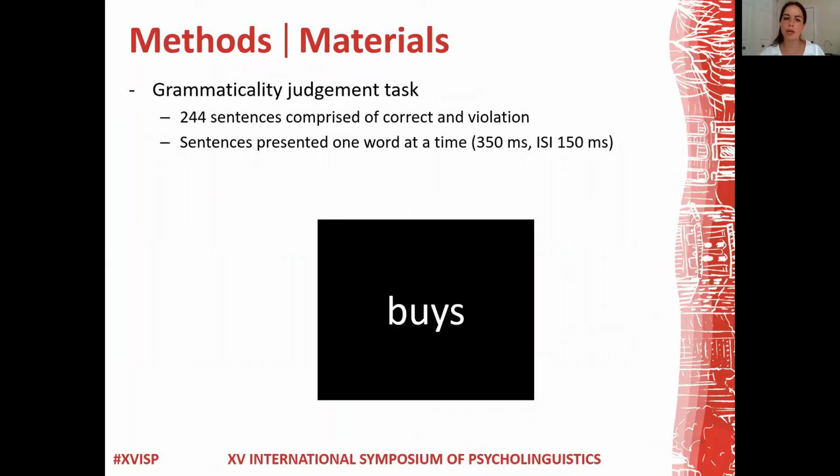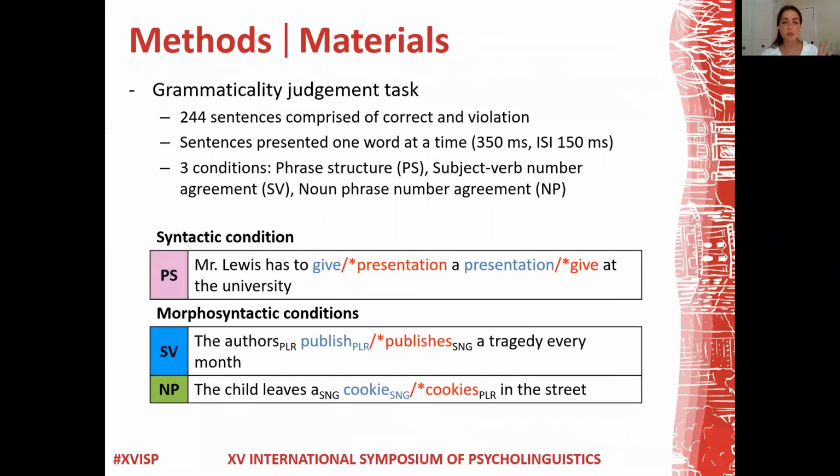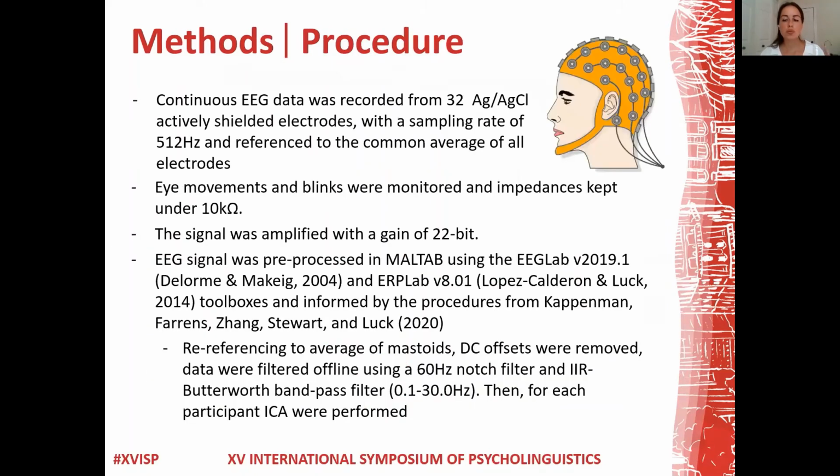My brother buys roses, good or bad. We had 3 experimental conditions, 1 syntactic condition, the phrase structure, and 2 morphosyntactic conditions, subject-verb number agreement and determiner-noun number agreement. We followed the standard experimental procedures in our lab to record and analyze EEG data.